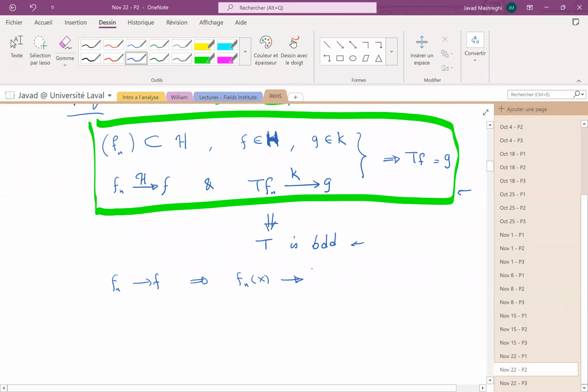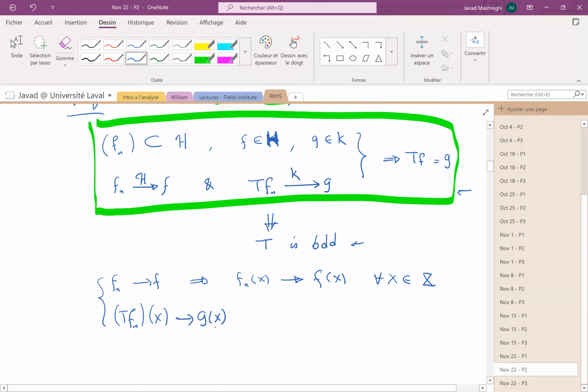Please let me go back and complete it later on. There's one hypothesis which is missing here. I'm sorry for that. For any x in X, and the same for K, I mean, T f_n of x goes to g of x.